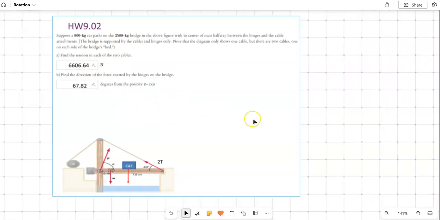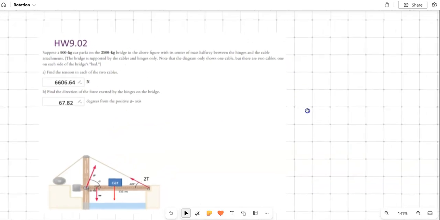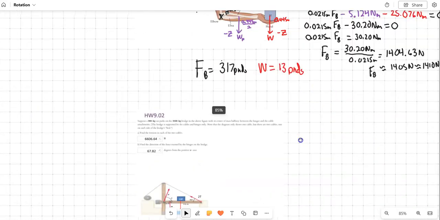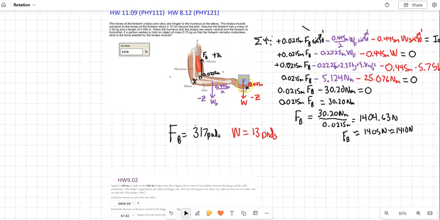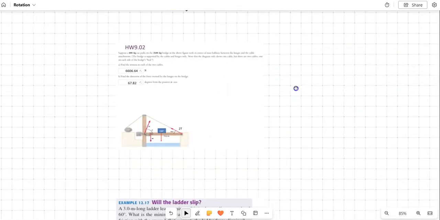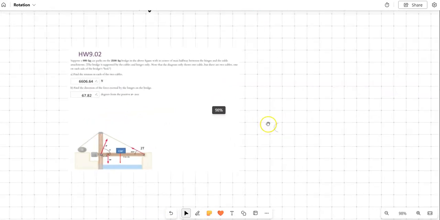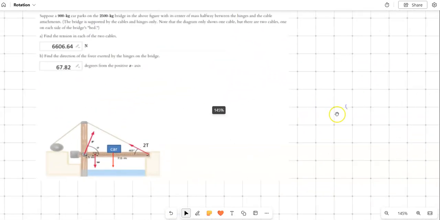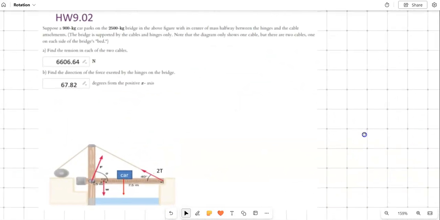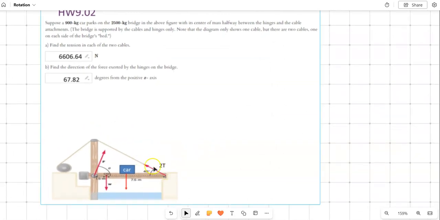Suffice to say, it's very similar to this problem, but instead of a weight force down, this weight force is going to be up at an angle. Just to give you a real quick run through, they want to find the tension in these two cables right here. So there's two of these cables, and they want to find the tension in each of the cables.